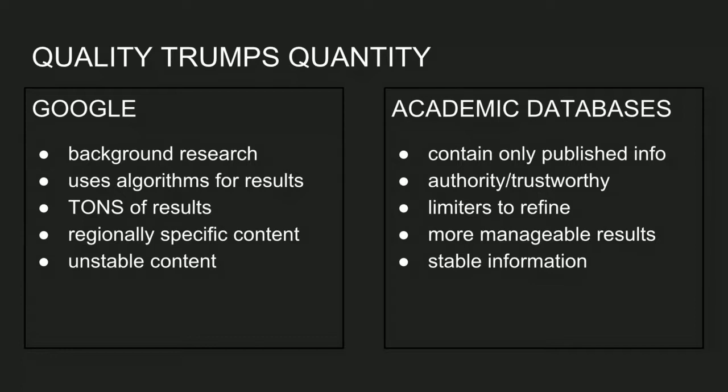And most databases, you can refine your results by using the limiters, which makes it more manageable to use them. And then, what you find in the databases is going to be stable information. It is never going to be taken down on a whim or anything. You will always be able to access it.